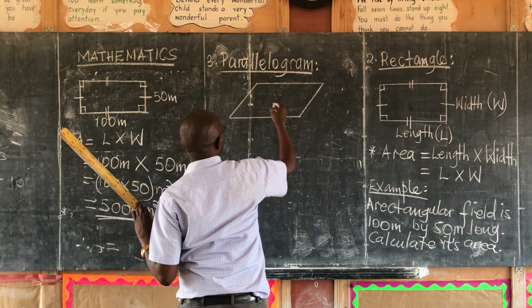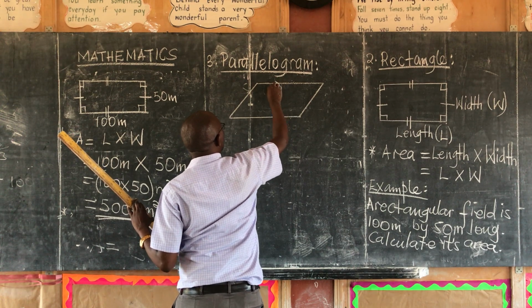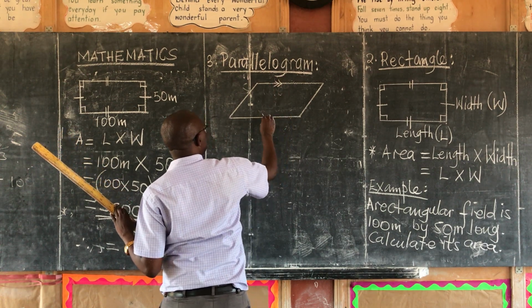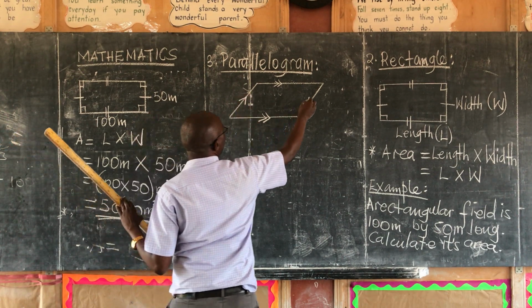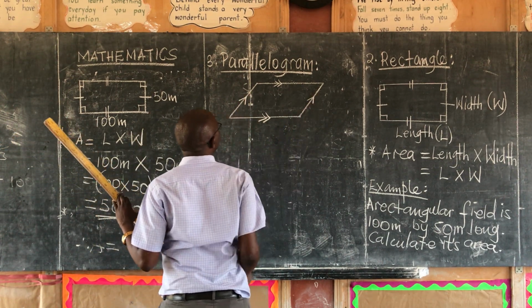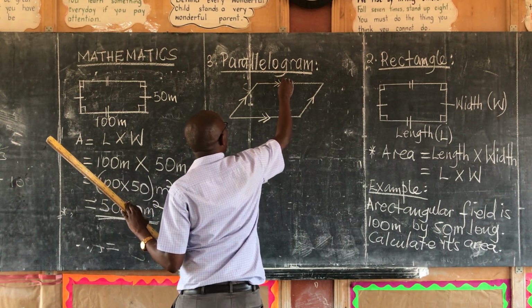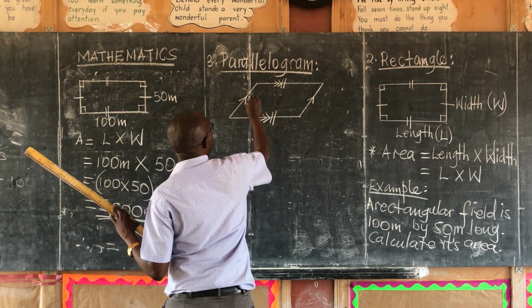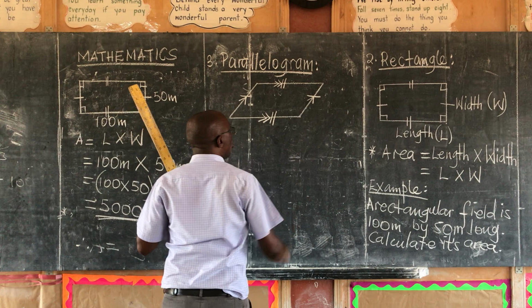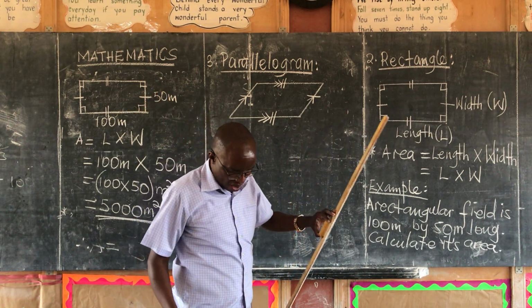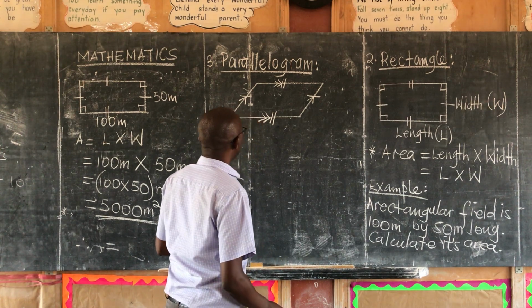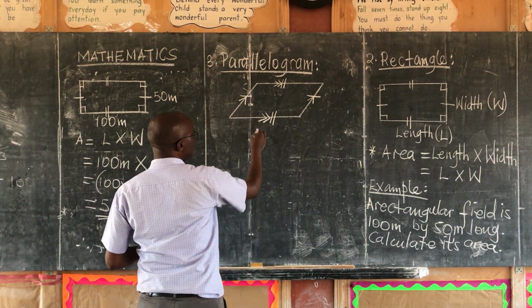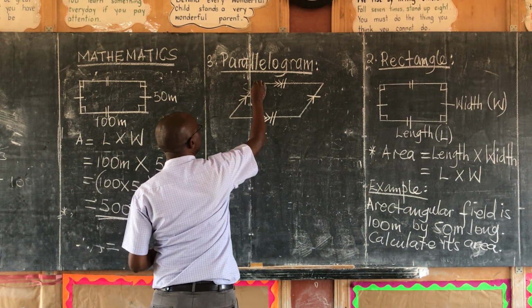This is how a parallelogram looks like. Two of its opposite sides are parallel. Two of the opposite sides of a parallelogram are equal.